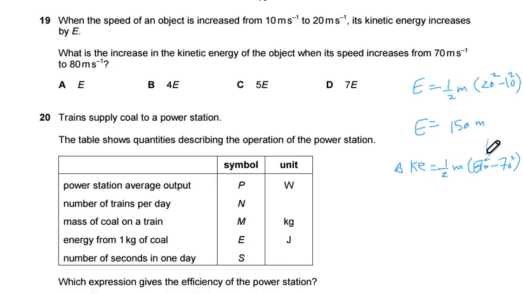This is 1500. Okay, and m can be replaced by E over 150, so it is half times E over 150 times 1500. This is 10 over 2, E, which is 5E.